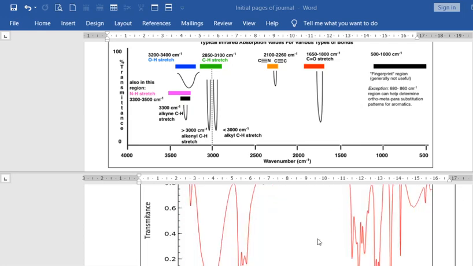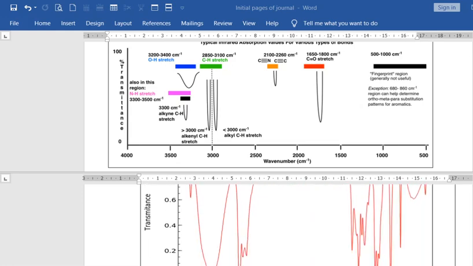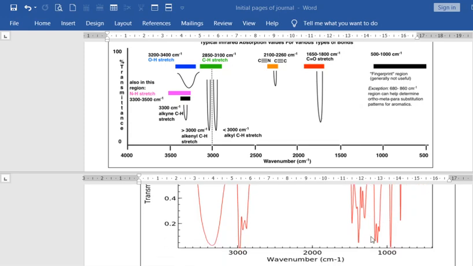You are quite aware of isopropanol. This again has an alcoholic group, and it is going to show the tongue-like peak, and these particular peaks are for the CH stretching. In isopropanol again there is no C=O. Apart from that, there is the CH stretching present over here.